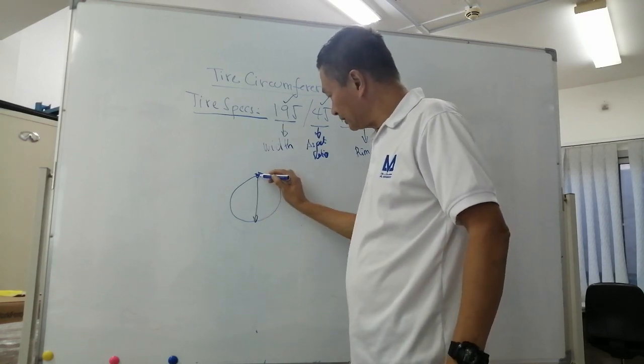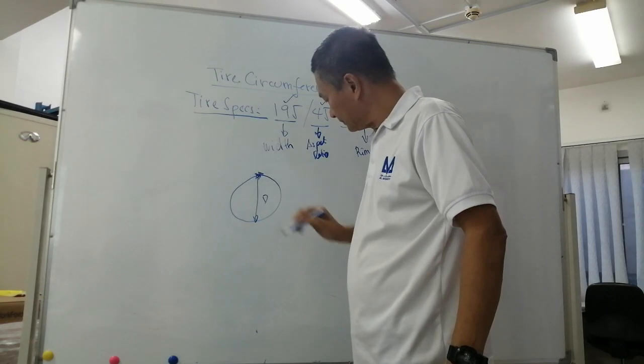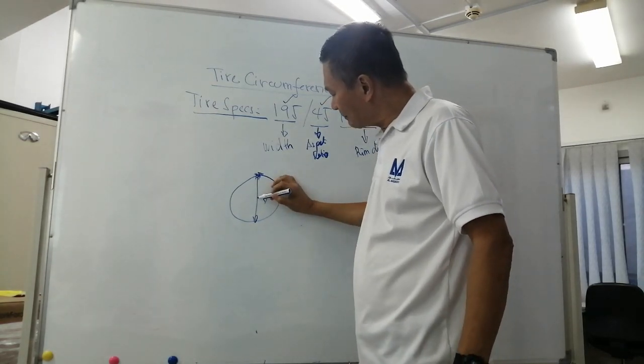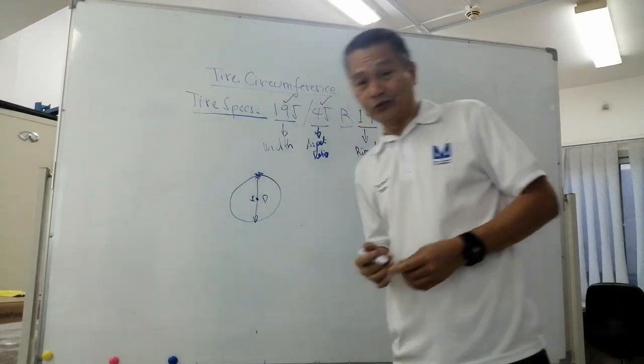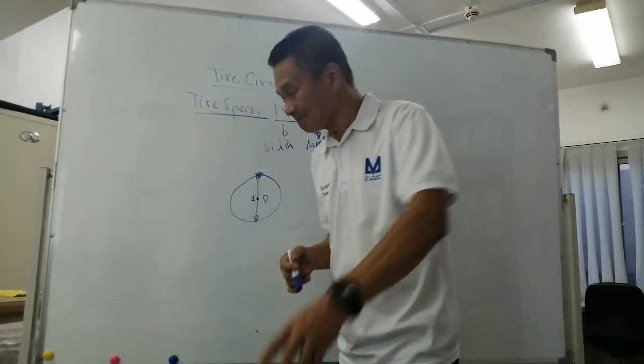From this point to this point is your diameter, and half of the diameter is your radius.